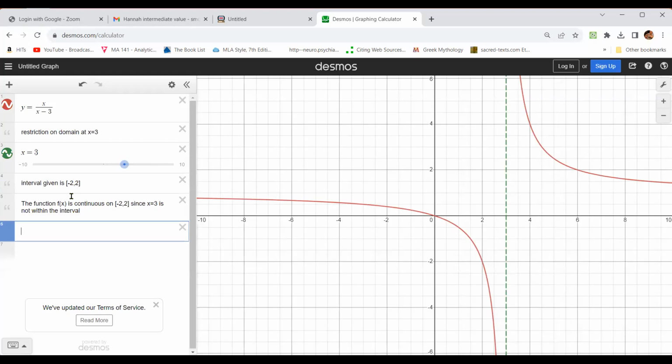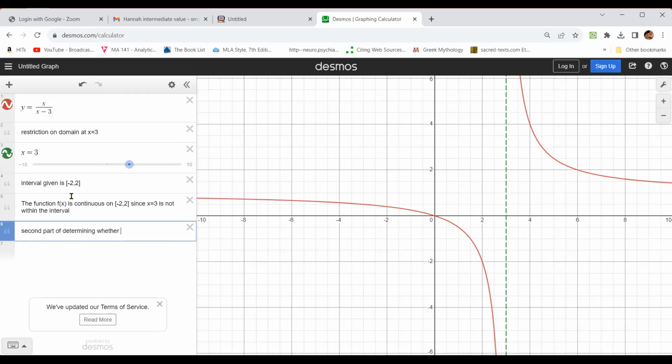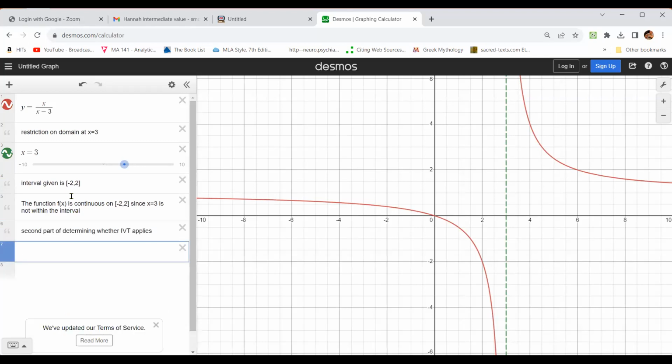So here's the second part of determining whether the IVT applies. We haven't actually applied it yet. What we're going to do is evaluate the function, so we're going to find y at -2.